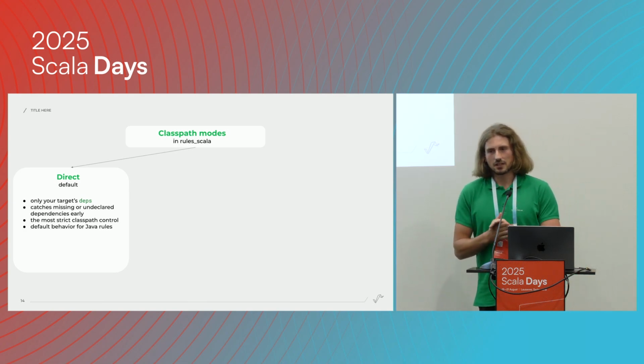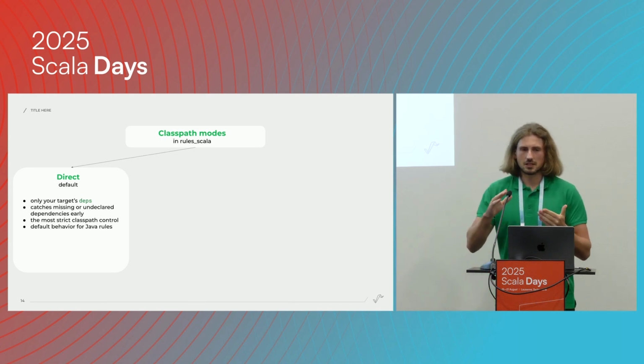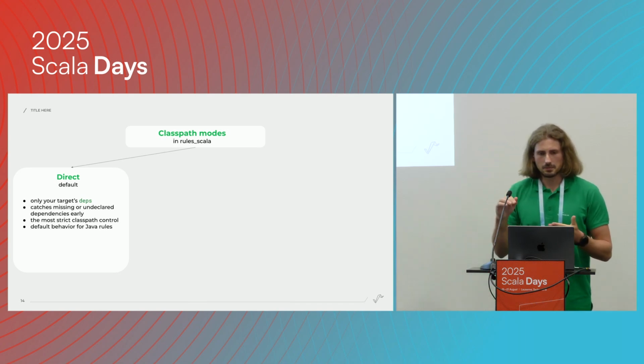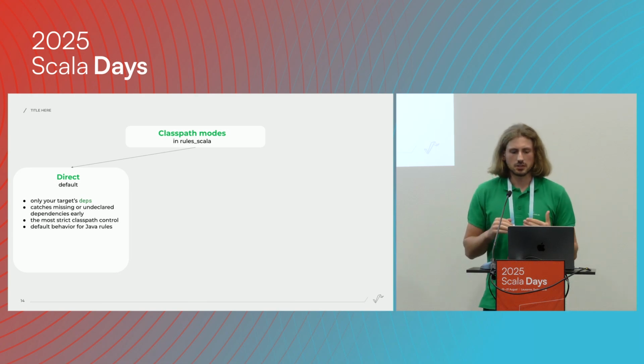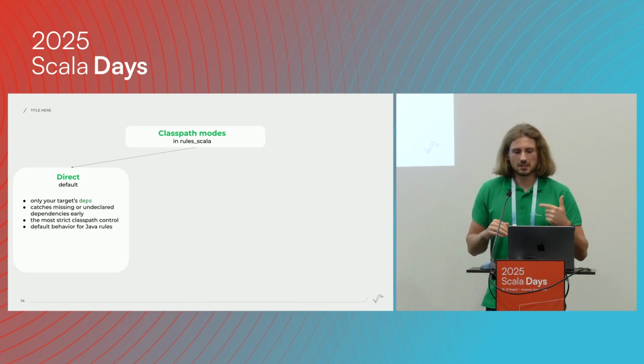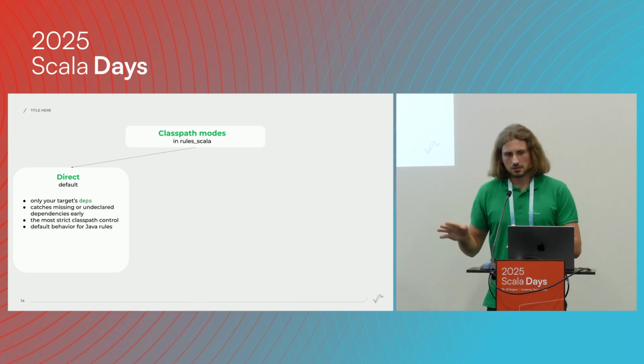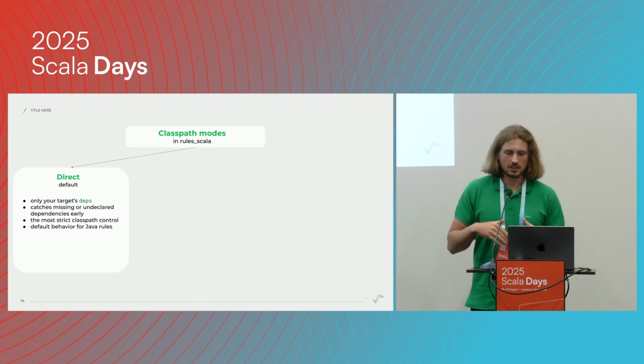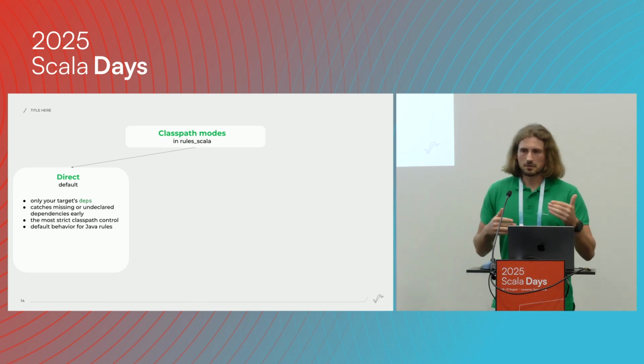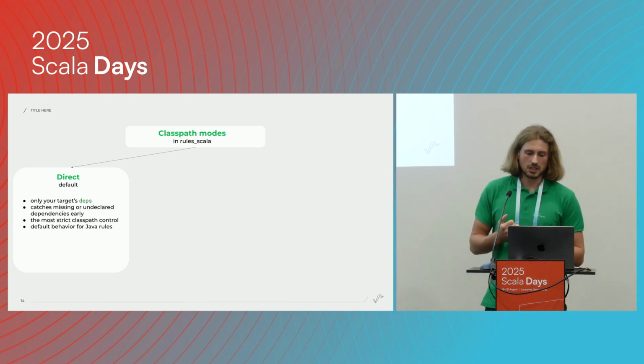So you cannot have a transitive top-level library dependency and add everything in one go. Instead, you have to explicitly list every single thing that you add on the classpath. There are some exceptions, but in general, that's the default behavior of rules_scala and the Java rules.